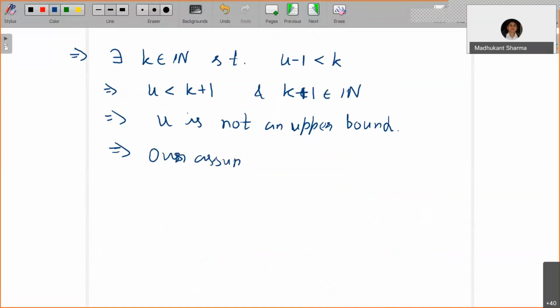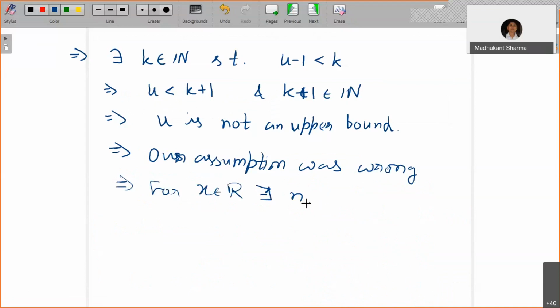This implies for x in R, there exists an n, which will depend on x itself, with n belonging to the set of natural numbers, such that x is less than or equal to nx.